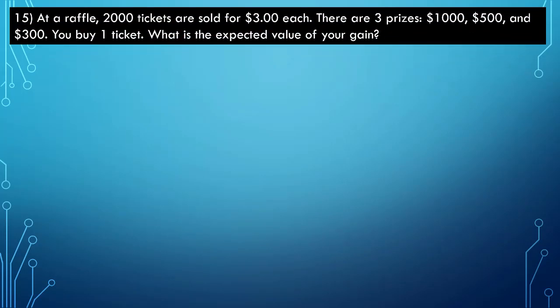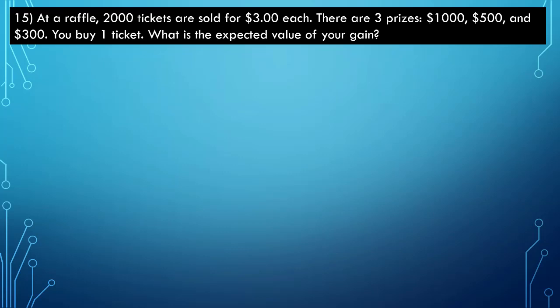At a raffle, 2,000 tickets are sold for $3 each. There are 3 prizes, $1,000, $500, and $300. You buy 1 ticket. What is the expected value of your gain? So with expected value, we're always looking at the entire situation in terms of our gain. Now, if I won the top prize, my gain isn't $1,000, and that's because I had to pay for the ticket.